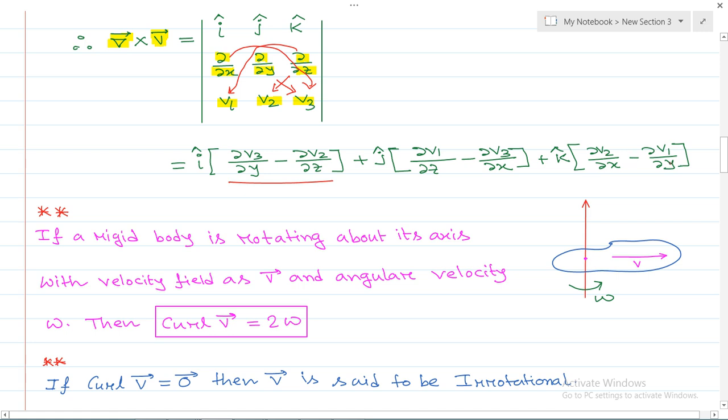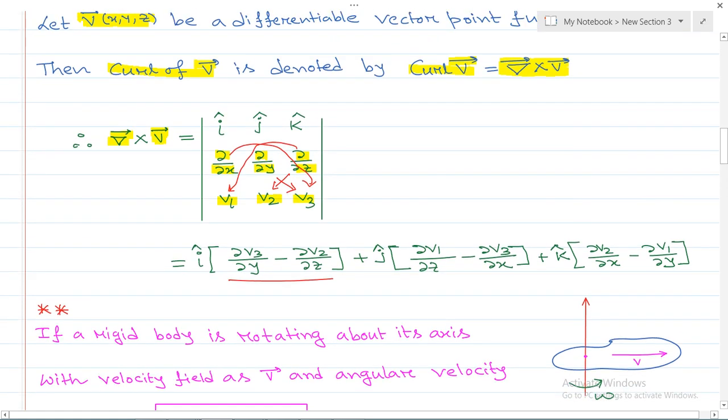So if we just summarize, the gradient of any scalar point function is denoted by the symbol grad phi. This is simply the formula i cap del phi del x plus j cap del phi del y plus k cap del phi del z, which is nothing but a vector point function, though phi is a scalar quantity.